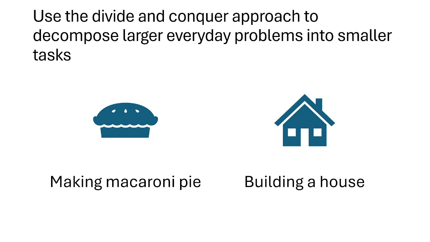So we could look at greasing the dish. We could look at making the mixture for the pie. But we would put cheese and maybe onion and maybe egg and so on in a blender to blend up. We could look at boiling the macaroni before we put it in the dish. We could look at baking the pie in the dish in the oven.